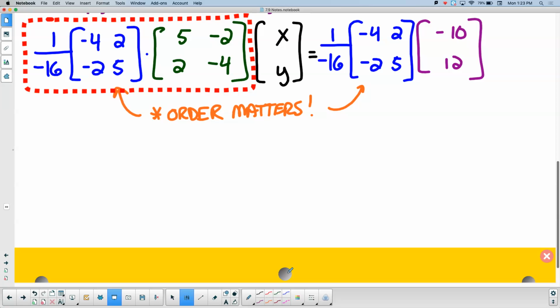So since the red dashed box is matrix times its inverse, that becomes the identity. What's the identity times the black matrix then? Just the black matrix again, right? So this whole side boils down to that, because we multiplied by the inverse. Okay?